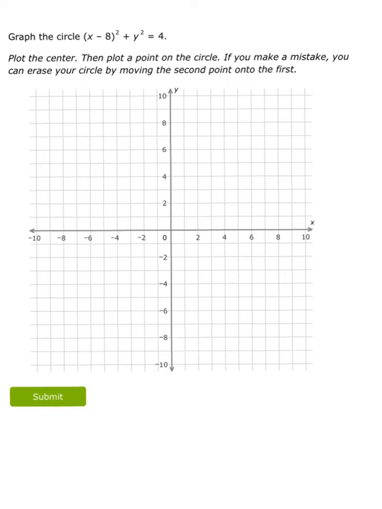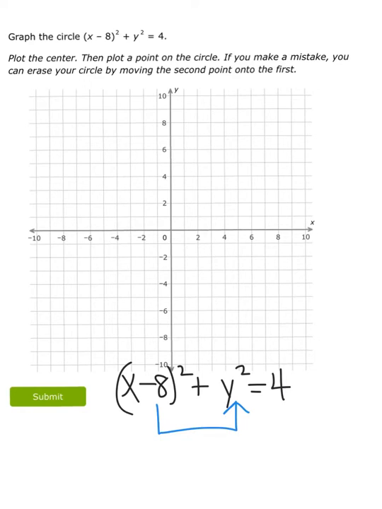For this one, we're graphing (x minus 8) squared plus y squared equals 4. Let me go ahead and write that out. If I want to find the center, I need to look at the h and the k.